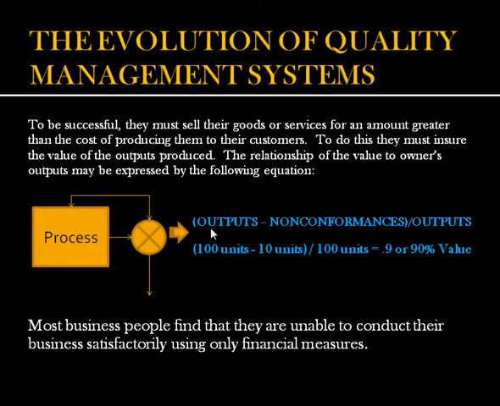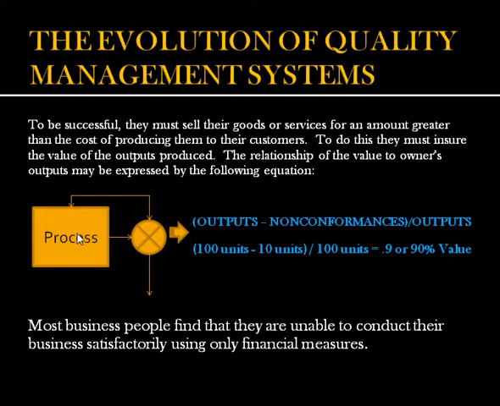For example, this process produced 100 units, and 10 of the units were bad. So 100 minus 10 is 90, divided by 100 gives us 0.9 or 90% value. So the performance of this process is at 90%, which means they're making 10% nonconformances.